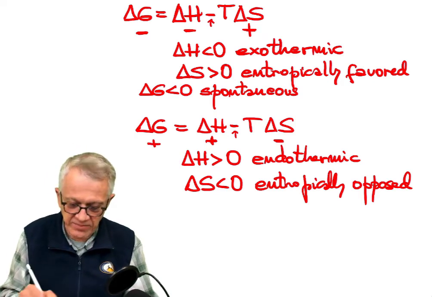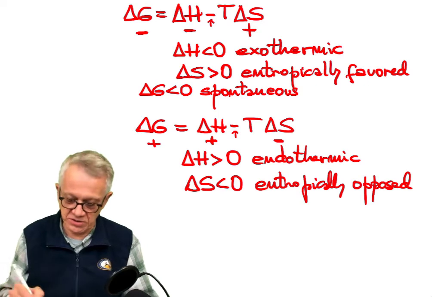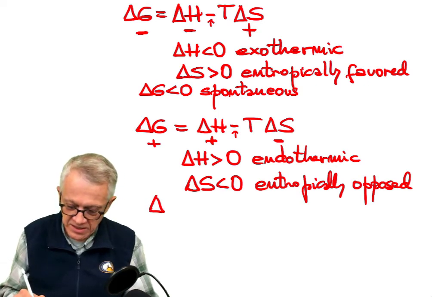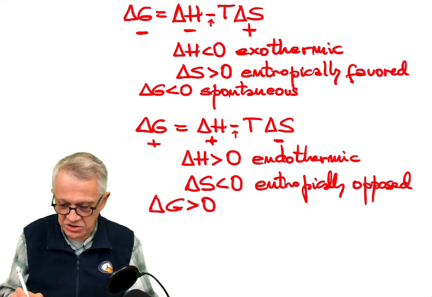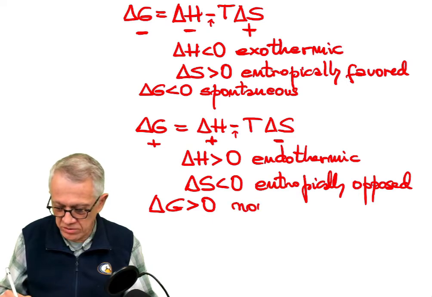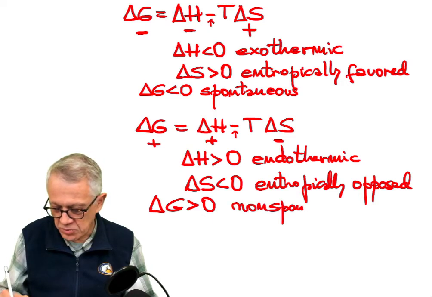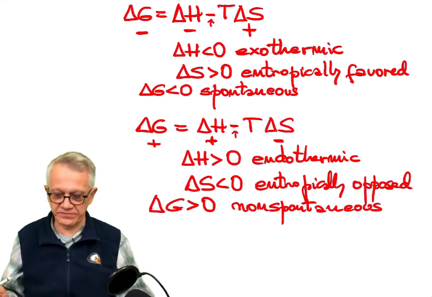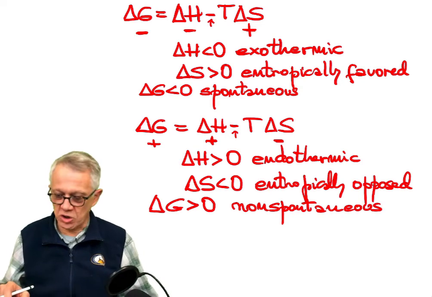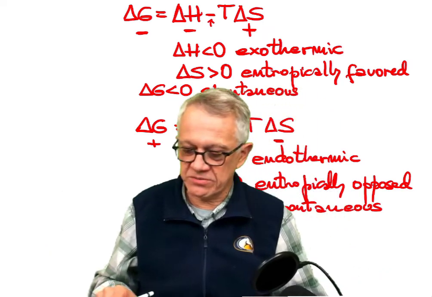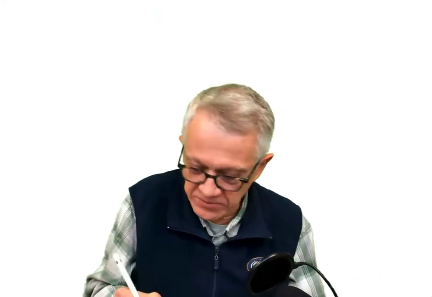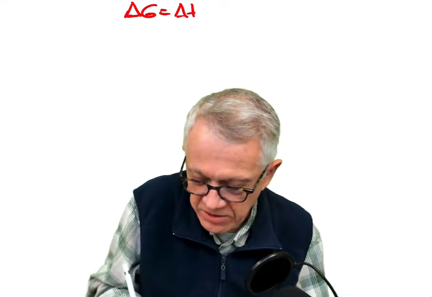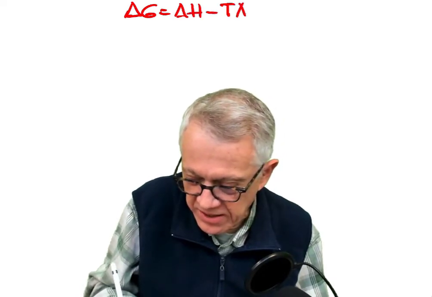There's no other way, this is going to be positive. So delta G in that case is larger than 0, a non-spontaneous process or reaction. All right, so there are two other options. Let's examine these other two options. Again, delta G equals delta H minus T delta S.